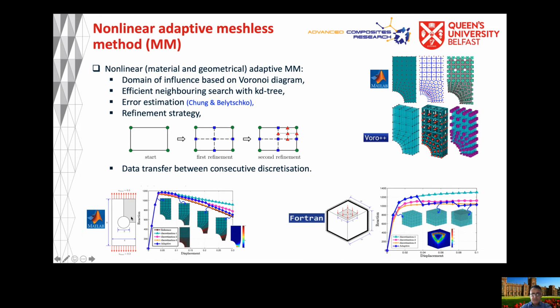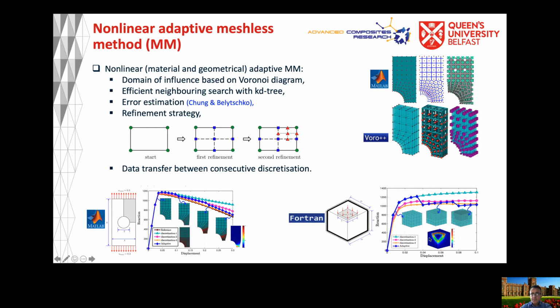As you can see, this is a simple plate subjected to unidirectional tension, and we can solve this with this adaptive meshless method. We start our simulation with a very coarse mesh or discretization. Then during the simulation, based on this error estimation, we can refine the discretization to improve the accuracy of the results.